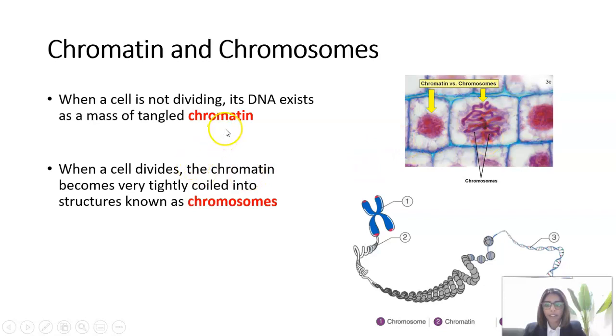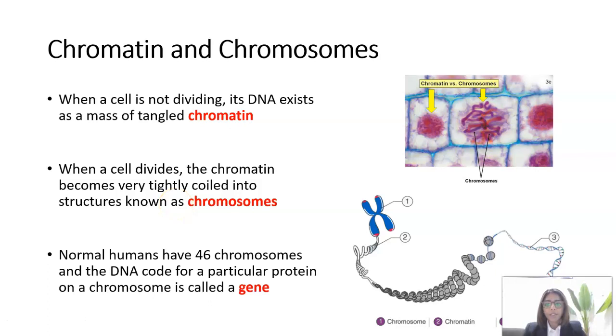So chromatin is this mass of tangled DNA, whereas chromosomes are the chromatin which has become supercoiled and condensed to form these structures that are easily usable, or easily manipulatable, when we are about to have cell division.